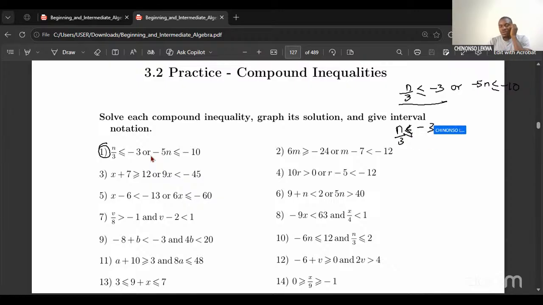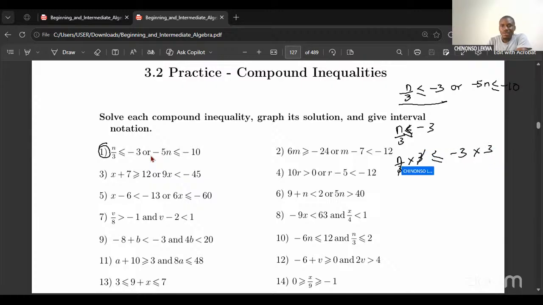So I want to get the value of n, or the range of values of n. To do that, I want to multiply both sides by 3 to make sure that n stands alone. So that would be n over 3 multiplied by 3 is less than or equal to -3 multiplied by 3. So this 3 cancels this 3.